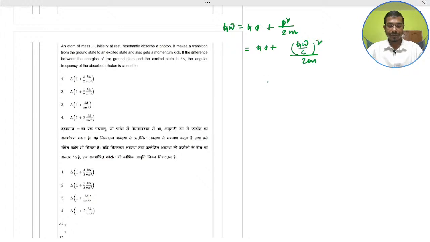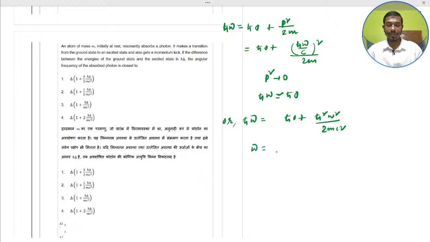So we approximate, since the kinetic energy of the atom is very small, the momentum p square tends to 0. So h cross omega is nearly equal to h cross del. So put this value, h cross omega would be h cross del plus h cross square omega square divided by 2mc square. Now dividing throughout by h cross, omega would be what?